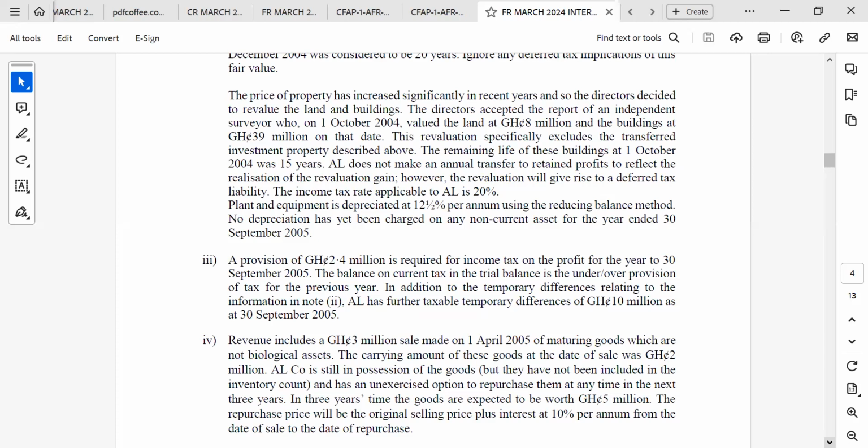The balance on current tax in the trial balance is the under or over provision of tax for the previous year. In addition to the temporary differences relating to the information in Note 2, AL has further taxable temporary differences of 10 million cedis as at 30 September 2005.